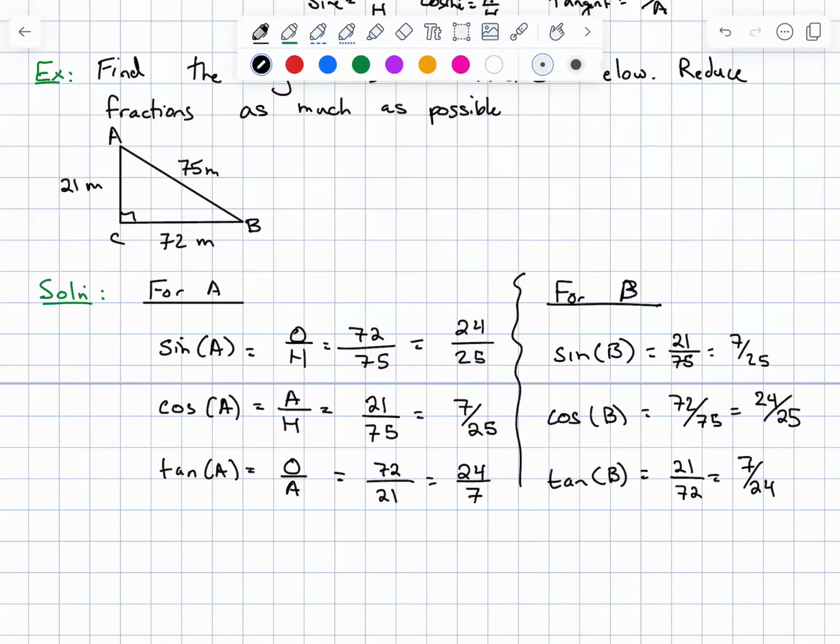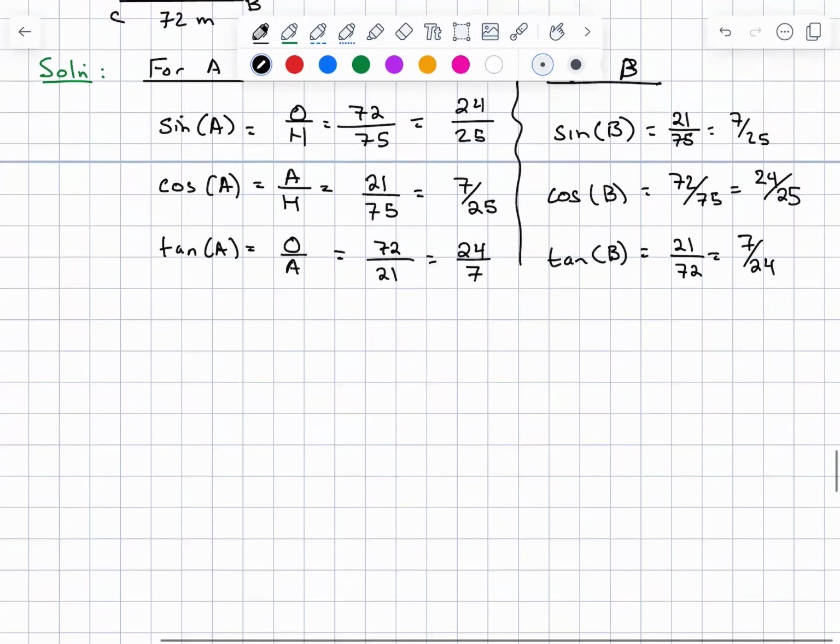If you're wondering what a radian is, because it is kind of a weird word, you don't need to write this down, this is just for informational purposes.